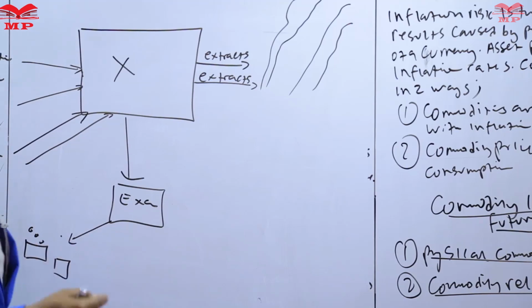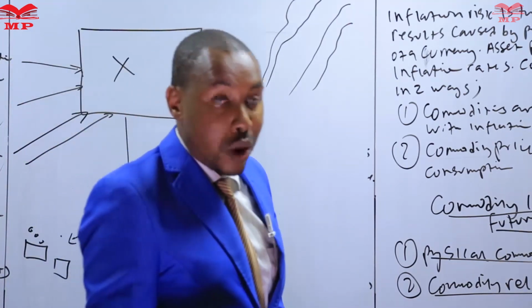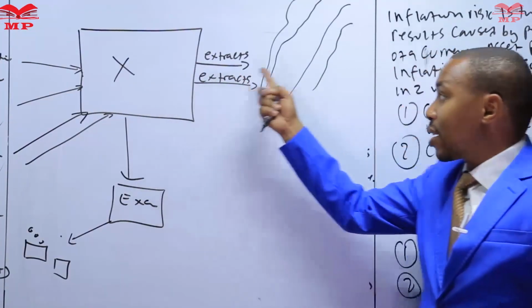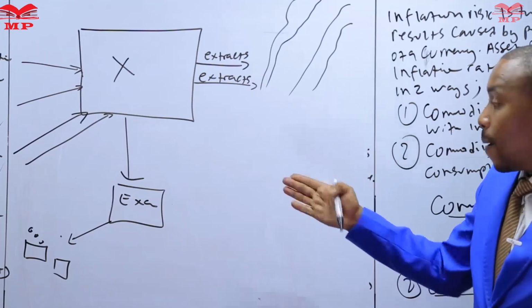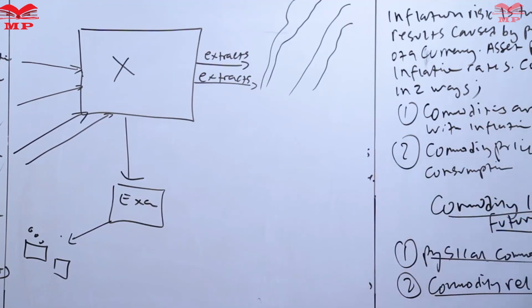And by extension, investors can seek exposure towards commodities. So buying the shares of a company that directly deals with extraction of the commodity, or a company that deals in the growing of crops, maybe wheat or barley, then provides exposure towards investing in commodities.